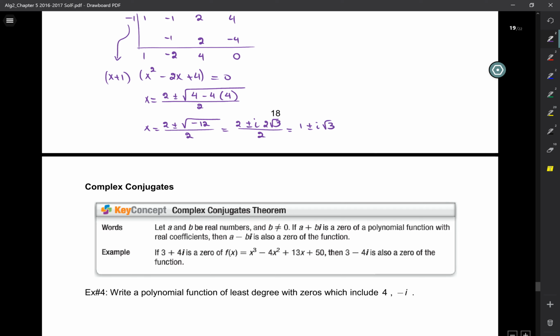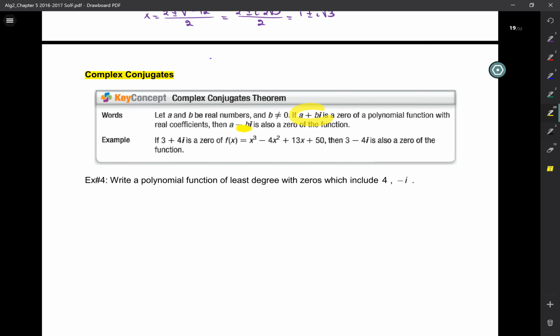So if a plus bi is a solution to something, then you take the imaginary part, flip the sign, and it becomes a minus bi, and that's a complex conjugate. Okay, so what does all that mean? If I have 3 plus 2i, I take the imaginary part, 2i, flip the sign, what does this turn into? 3 minus 2i, that's the complex conjugate.